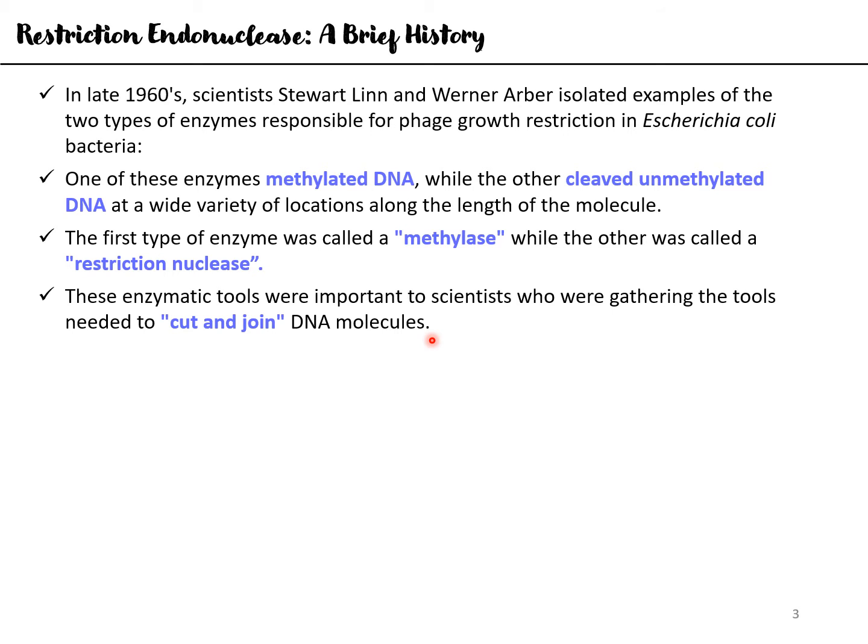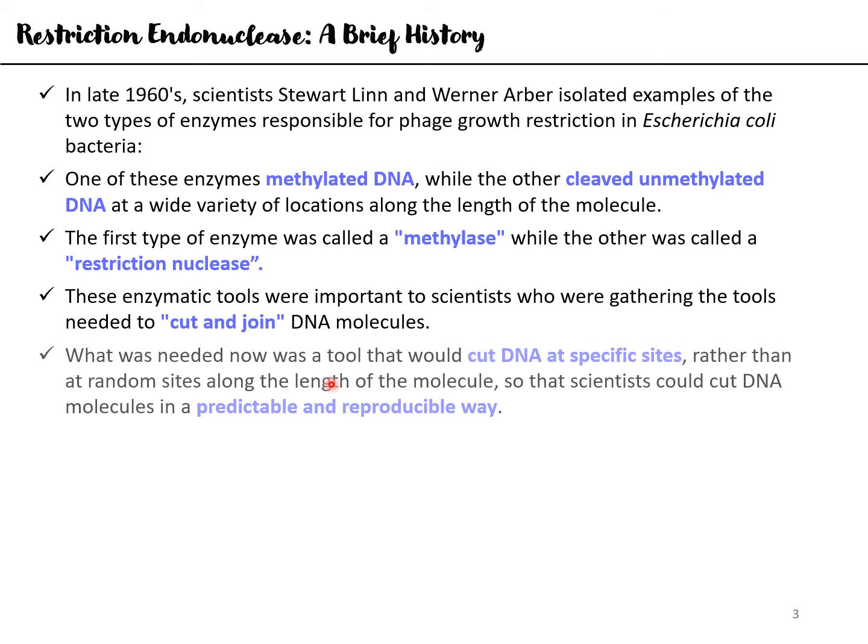So this methylation acts as a basis of distinction between self DNA and foreign DNA for the bacteria. It recognizes this unmethylated DNA and then cleaves it using restriction nucleases. The restriction nuclease not only cleaves the DNA, but cleaves it at very specific sites. So these became important tools required for cutting and joining DNA molecules.